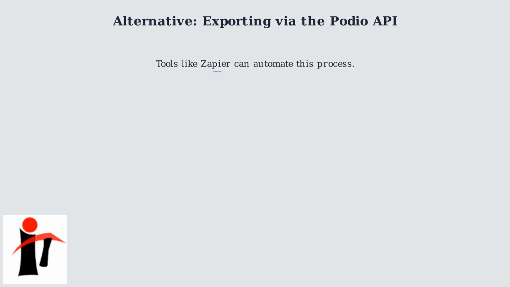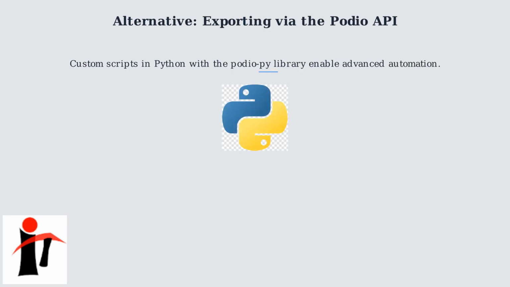Tools like Zapier provide a no-code way to connect Podio to other applications. You can set up automated workflows that trigger exports based on schedules or events. For more customization, write custom scripts using Python with the PodioPy library. This allows you to handle complex filtering, data transformation, and integration with other systems.